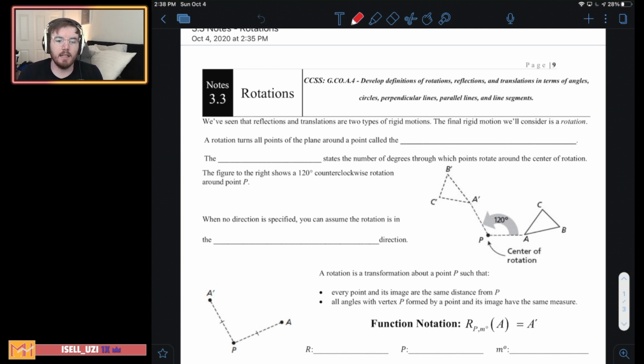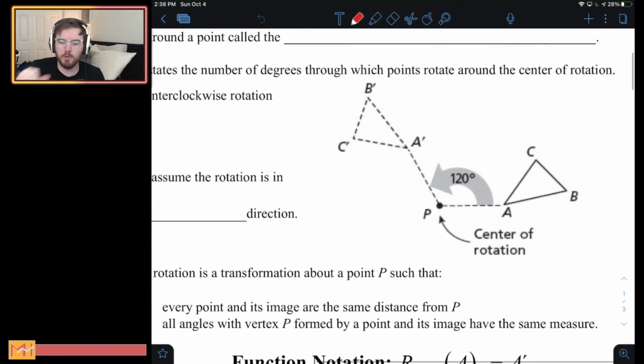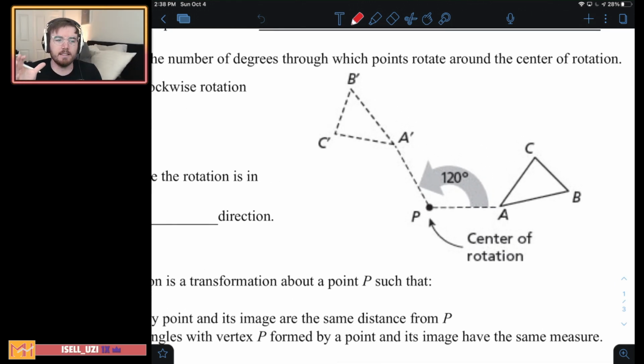Rigid, again, meaning that anytime we shifted an object or reflected an object, it was still the same shape, still the same size. You could clearly see that the objects were twins, so to speak. Same with the rotation, right? When this guy gets rotated 120 degrees, it still looks like the same shape. It is still the same shape, just in a different spot, just in a different position. So it's a rigid motion because things are staying the same.